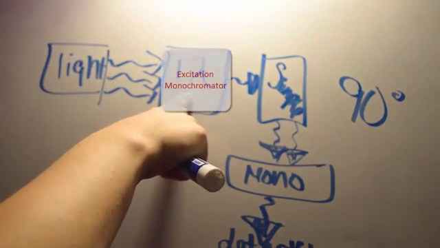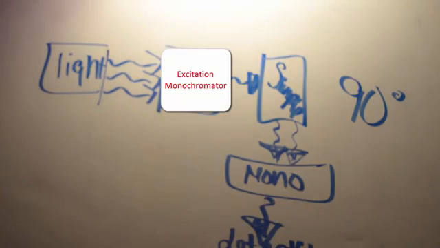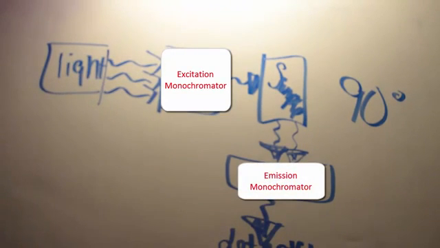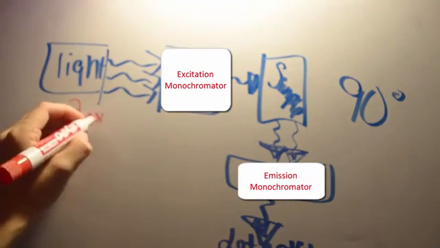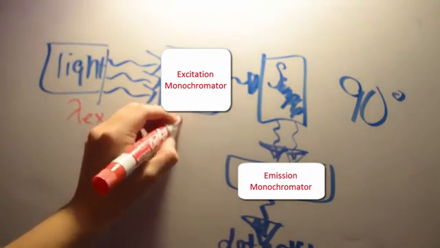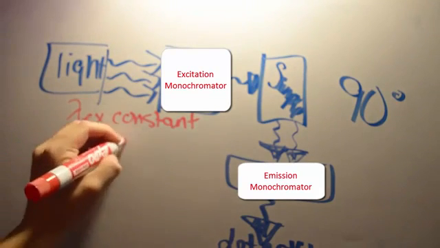But there's a difference between the monochromators. The first one observes excitation wavelengths. The second one observes emission wavelengths. And there are two ways you can go about using a system like this. The first one is you can hold the excitation wavelength constant and vary the emission one.